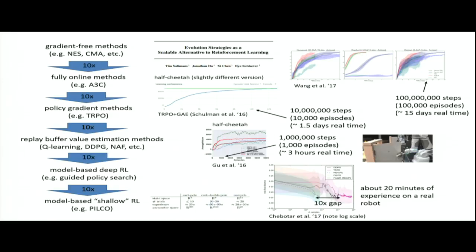If you have very good parallelism, access to many machines, then in terms of wall clock time, this thing actually tends to be the fastest, and it goes backwards. So if simulation is cheap, the pecking order is flipped. But if simulation or real-world experience is expensive, and you just care about sample efficiency, then this is the order that you're looking at.